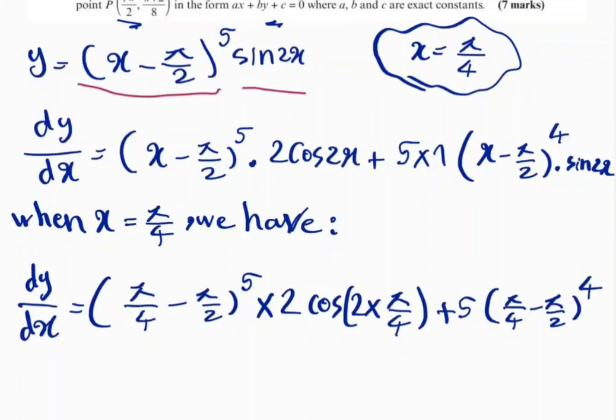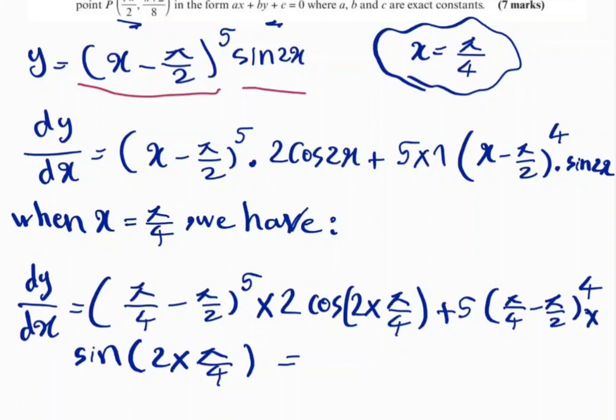That's all I missed. It's nothing new. And we should also have another term here, which is going to be this bracket times sine 2 times pi by 4, because that's our x coordinate.